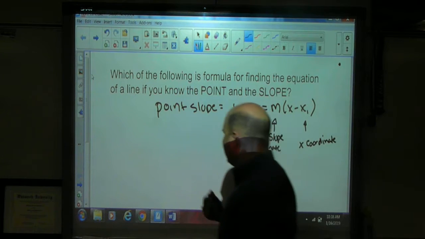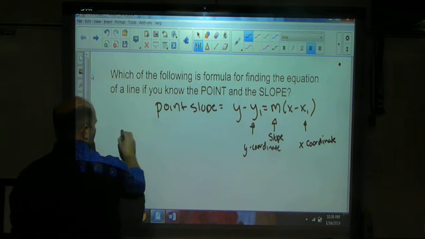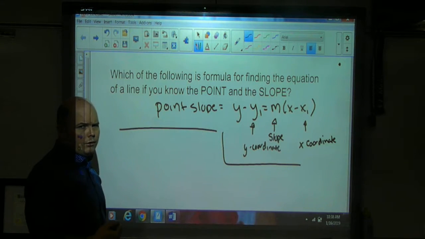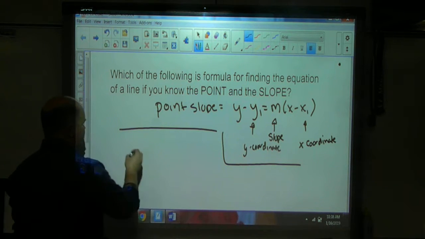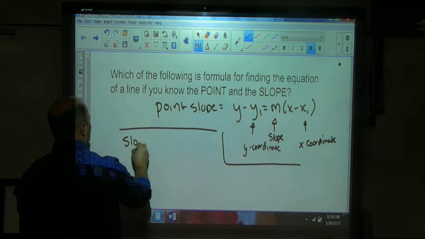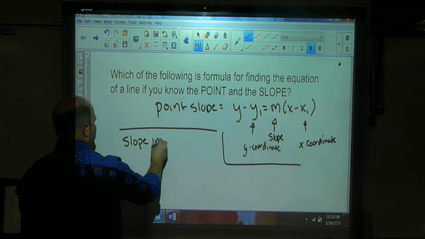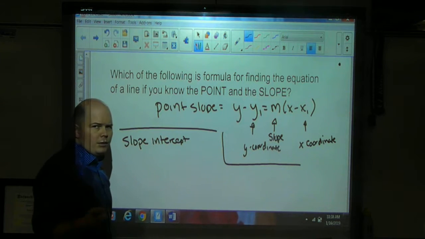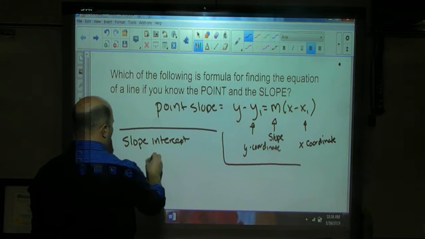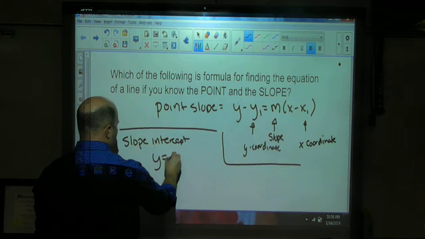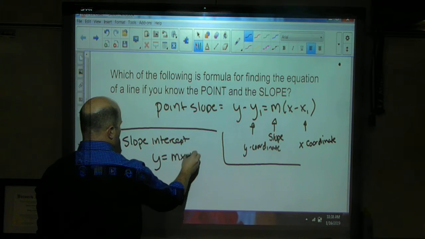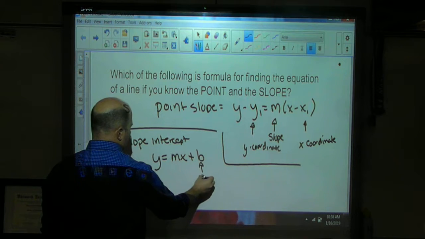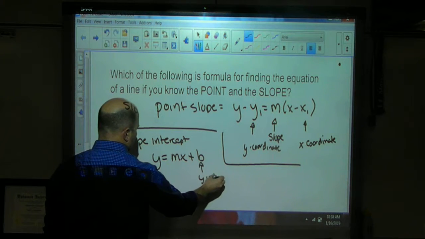The only other equation we've really harped on in this entire unit would be what's called slope-intercept form. So, slope-intercept. And in slope-intercept form, we had y equals mx plus b, where b is the y-intercept.